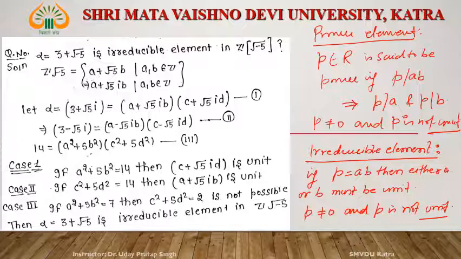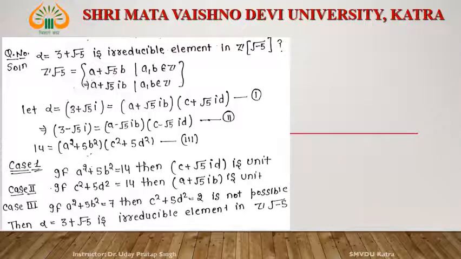Now come to some examples of irreducible element and prime element. Let us see one by one. We are talking about the domain Z[square root of -5]. The element 3 plus square root of -5 in Z[square root of -5] is an irreducible element.